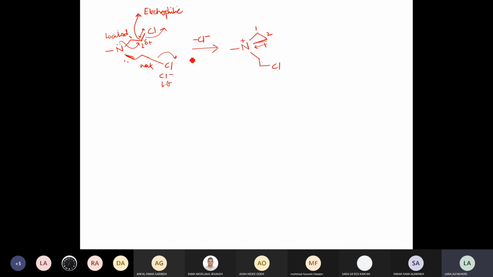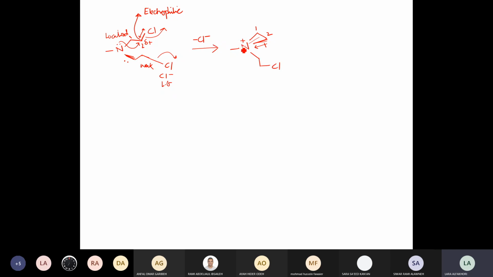What about carbon 1? The same thing. Yes, because it's a symmetrical compound. If I draw a line here, 1 and 2 have a symmetrical environment around them, so both 2 and 1 have equal electrophilicity.